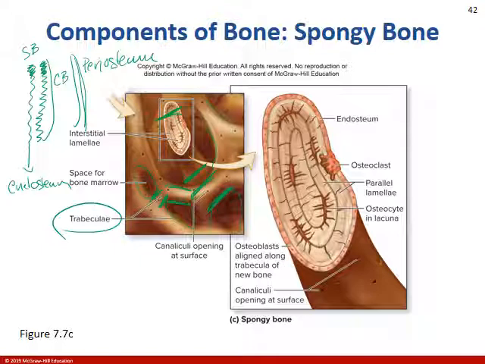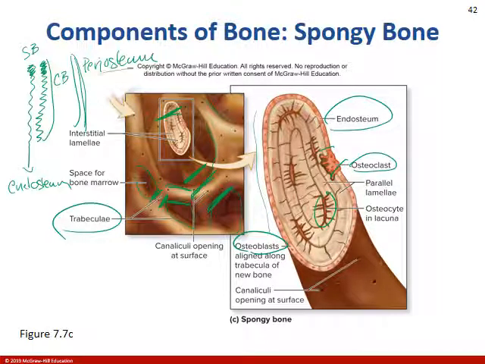You would see that we have osteoclasts, we have osteocytes, we have osteoblasts, and that everything is wrapped in endosteum, right? There is no periosteum, right? Periosteum is only on the outside of compact bone. But do we still have all of the cells that we need in order to have bone growth and development? Yes.